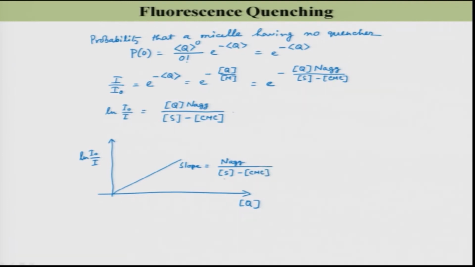I know the concentration of the surfactant for a particular experiment, and the slope is known. CMC you have already determined from another experiment. So, you can simply get the N aggregation value. So, you see that using fluorescence quenching we can easily determine the N aggregation value. Okay. So, we will finish here and thank you for listening.